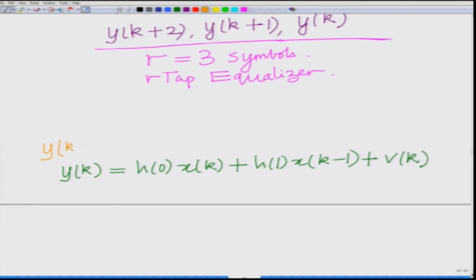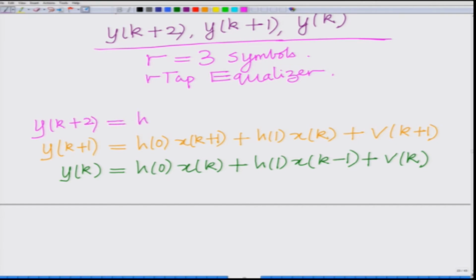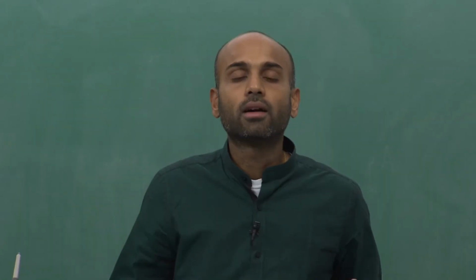Now, yk plus 1 will similarly be h0 xk plus 1 plus h1 times the previous symbol, that is xk, plus vk plus 1, and similarly yk plus 2 equals h0 times xk plus 2 plus h1 times xk plus 1 plus vk plus 2.